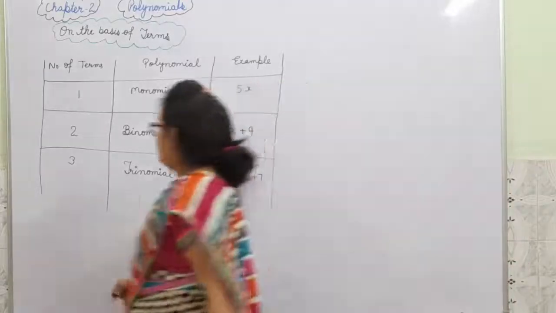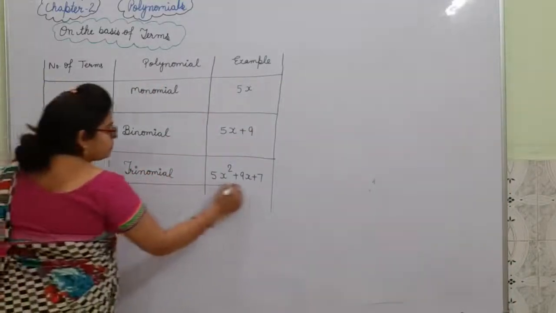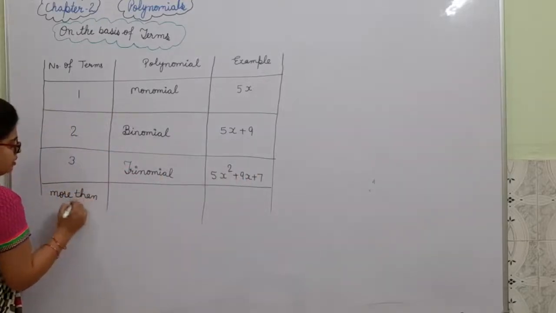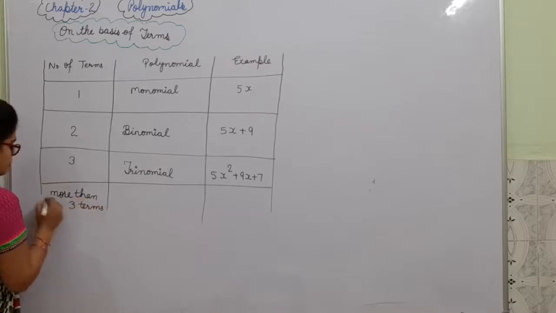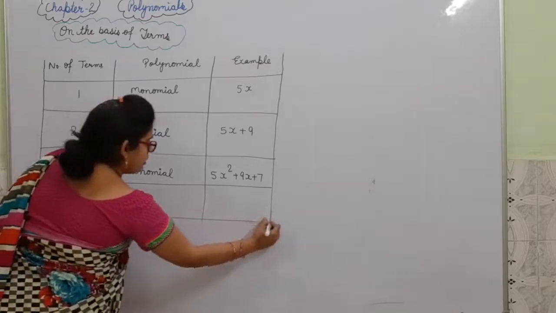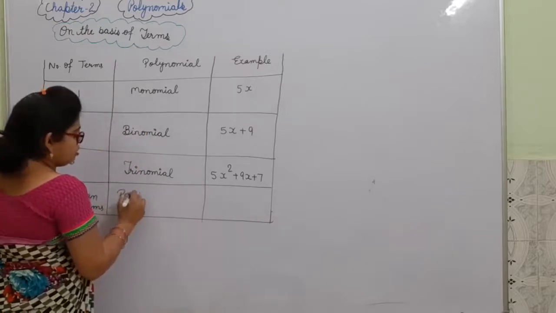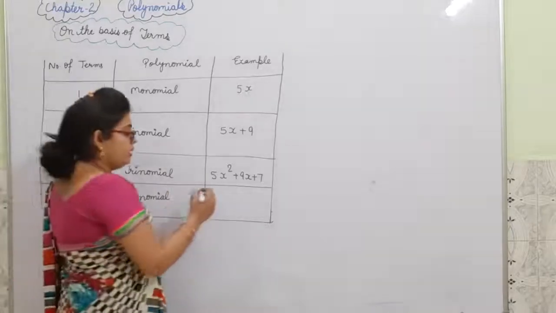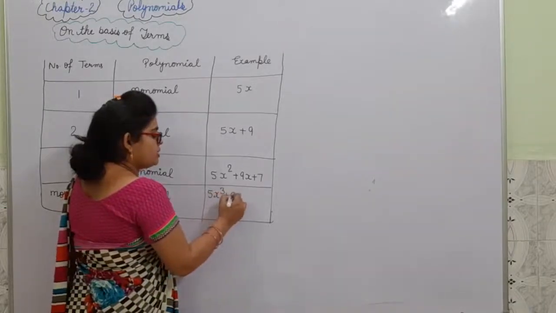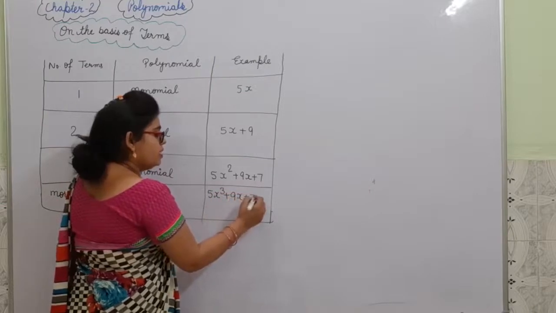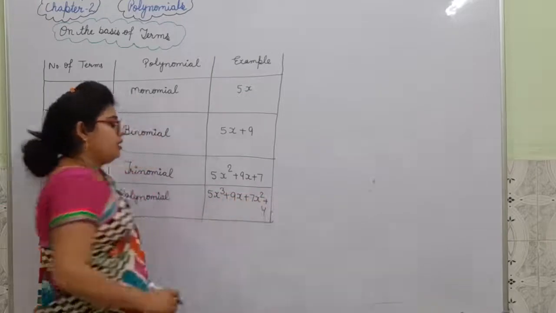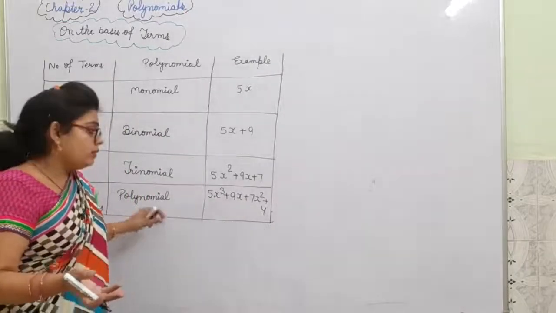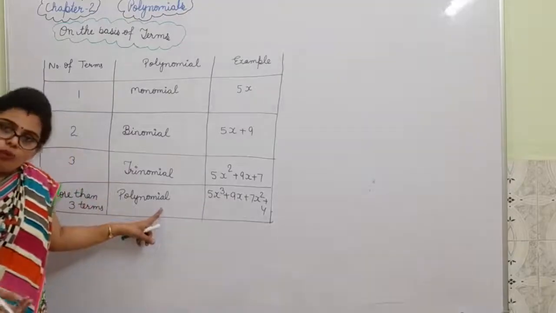After this, if there are more than 3 terms, then it is called polynomial. Take example 5x cube plus 9x plus 7, x square plus 4. There are 4 terms, or more than 4 terms there can be, it is the part of polynomial only.